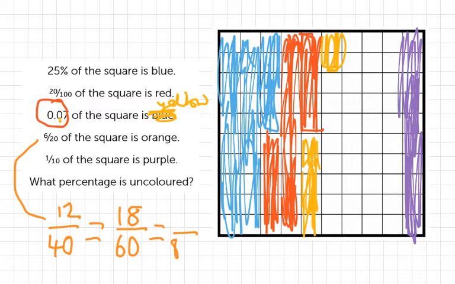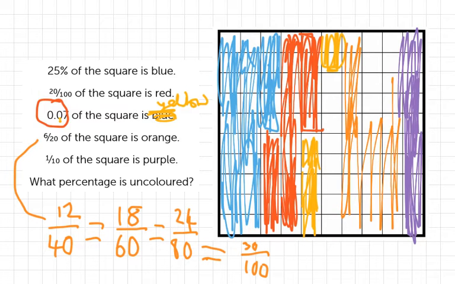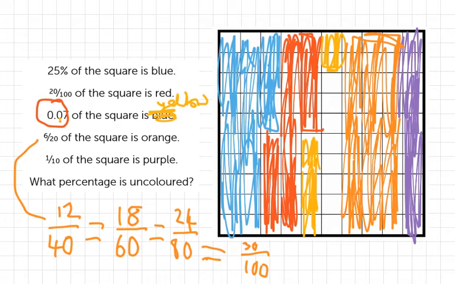So then 80 will be 24, which means 100 would be 30. So I'm going to colour in 30 out of 100. That was a really tricky one, and that's why I did that one with you. That was the hardest one, I think, on the sheet.